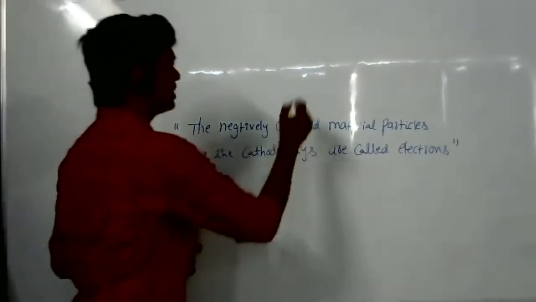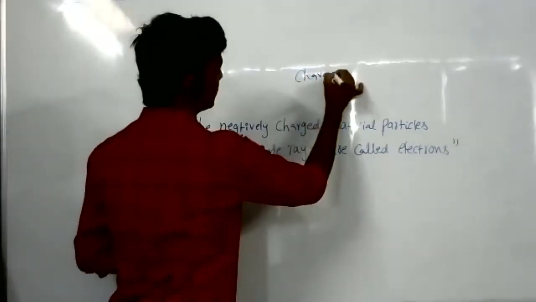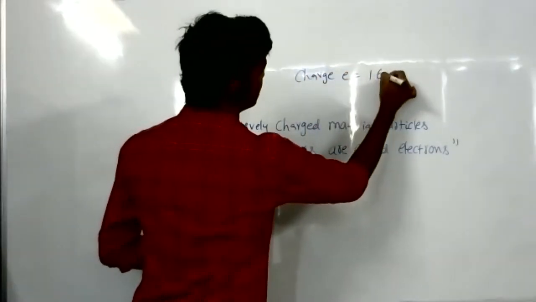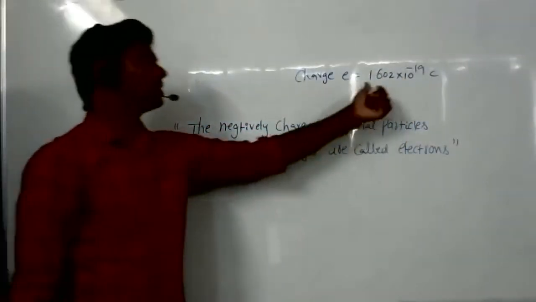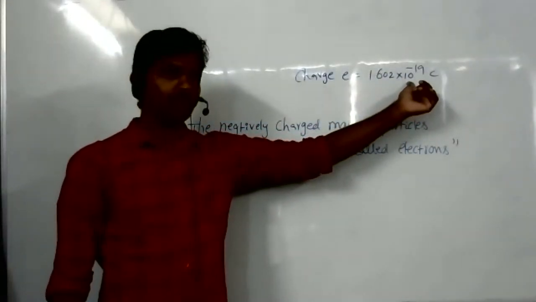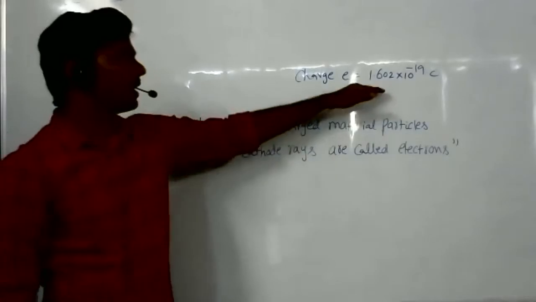Charge of electron e is equal to, don't write, later I will give notes, 1.602 × 10^-19 coulombs. One electron carries this amount of charge, and this was calculated by Millikan.